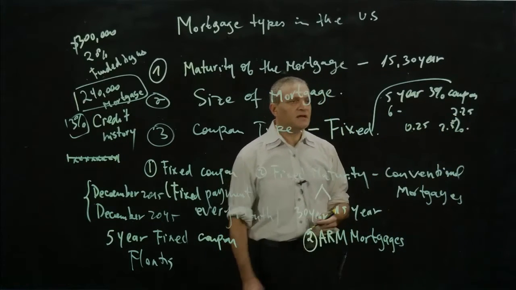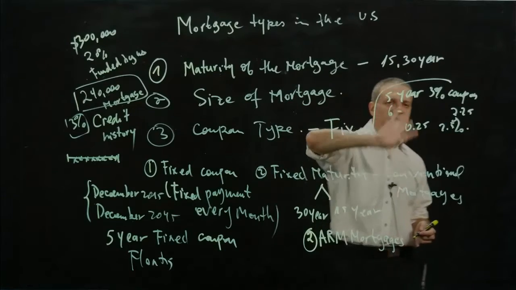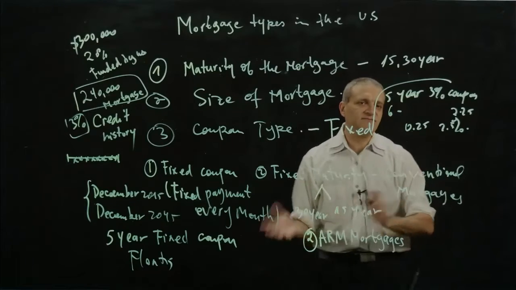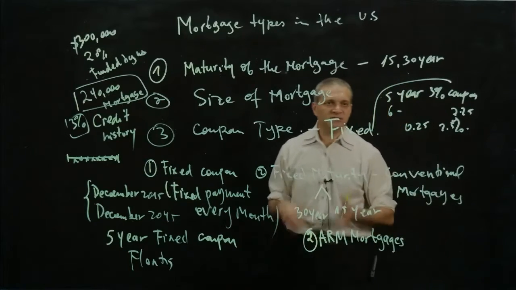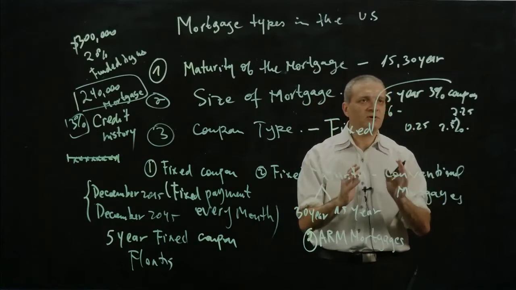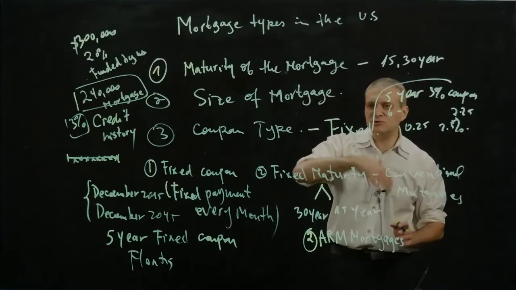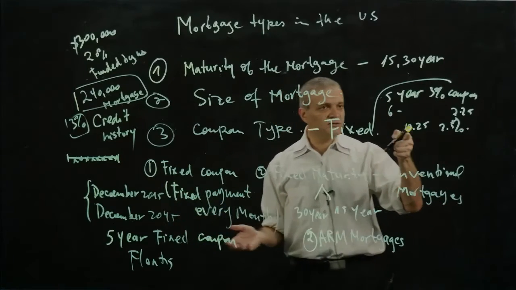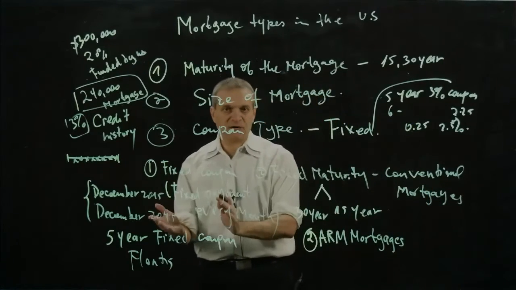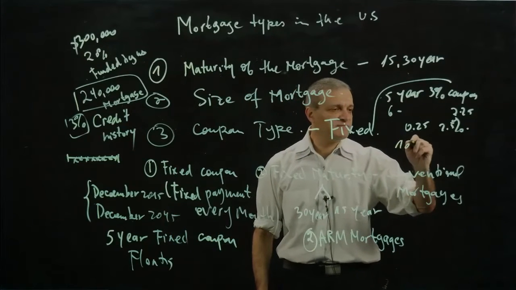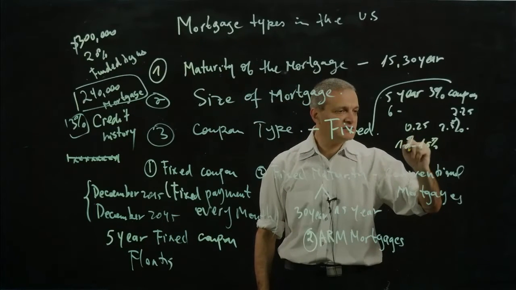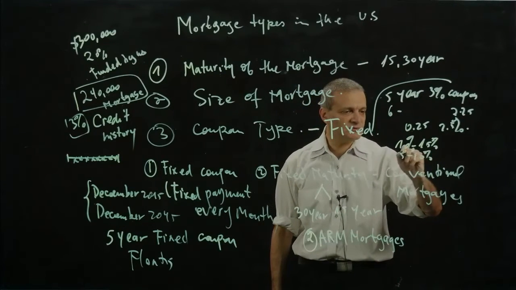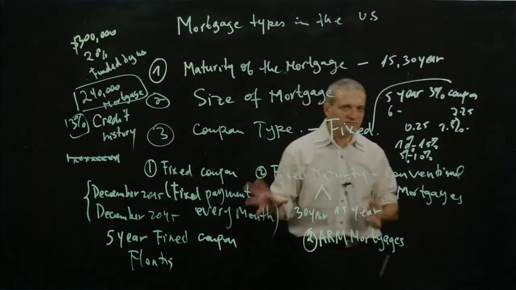Okay? Now, these payments sometimes vary. Sometimes they have only principal, only interest. Sometimes they include principal plus interest. So these kinds of payments come in myriad types. Now, this is less popular than the fixed product. However, it is 10 to 15% of the mortgage market in the United States, well, maybe less, maybe 5 to 10, depends on whom you ask and what kind of mortgages you include.